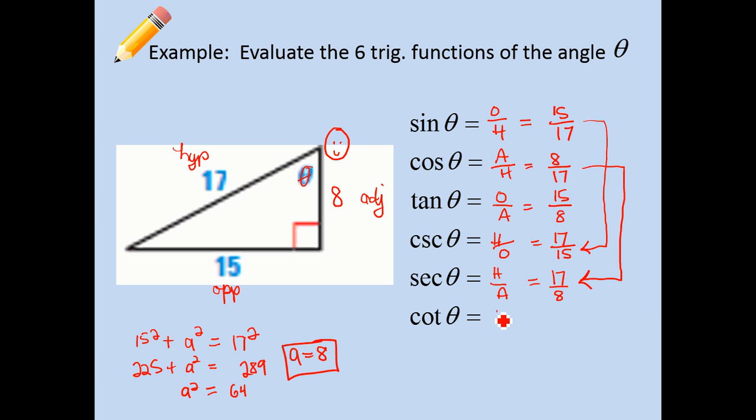And cotangent is adjacent over opposite, which is 8 over 15, which is the inverse of tangent. So all these trig functions are ones you need to know. You also need to know cosecant, secant, and cotangent.